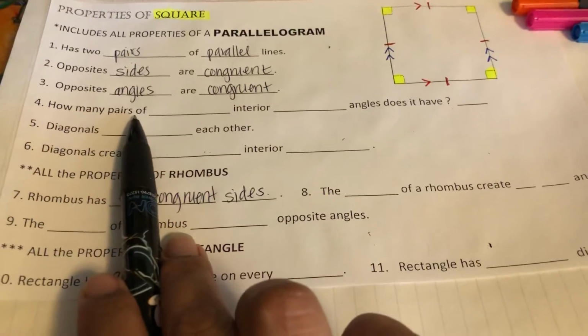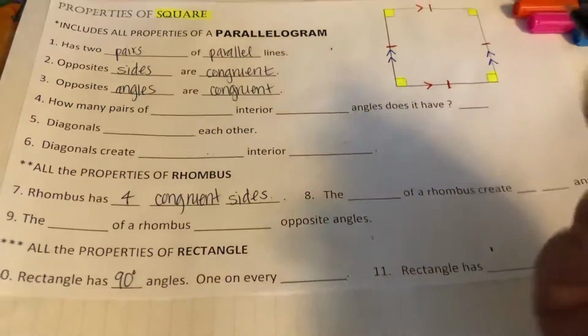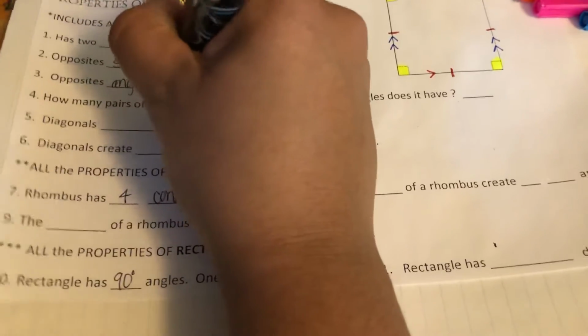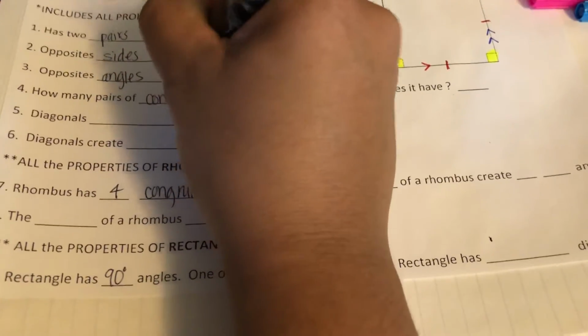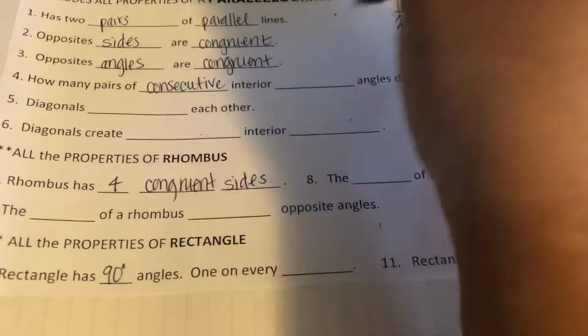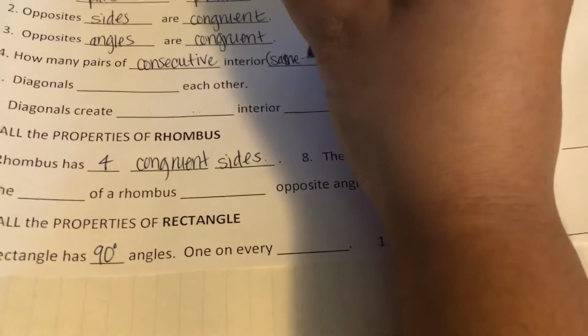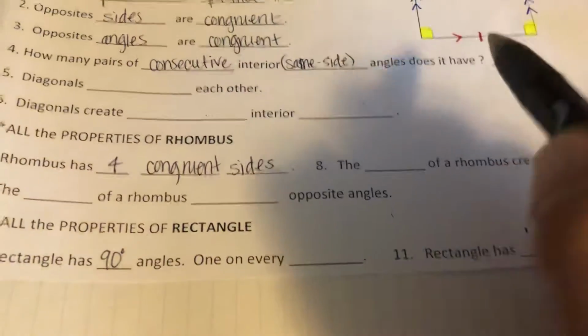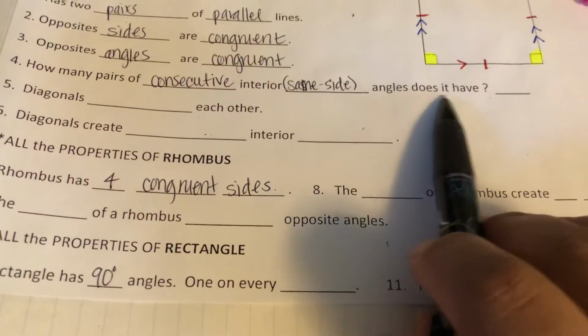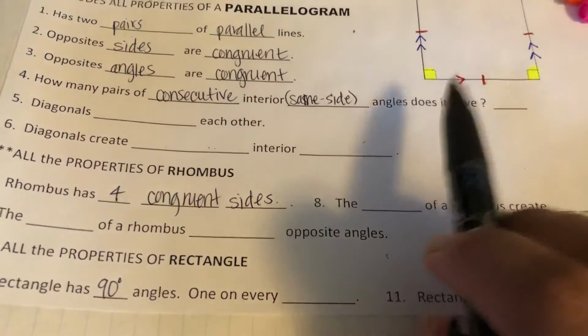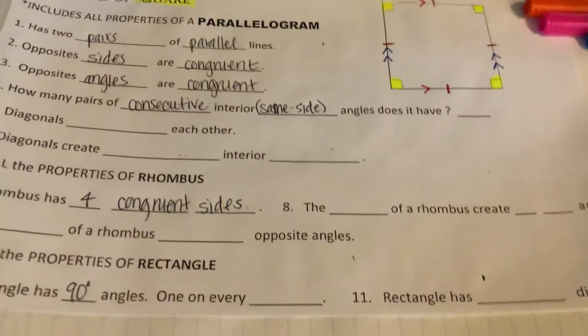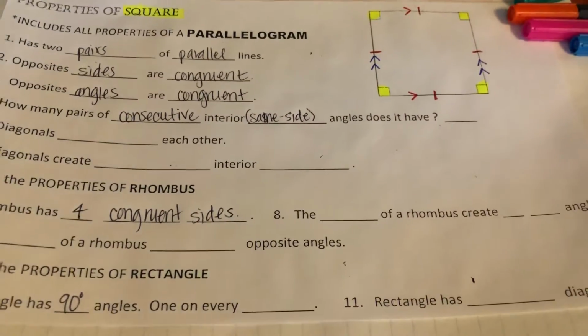So how many pairs of consecutive interior angles, or what we call same side interior angles, does it have? Oh, I made a mistake right there. It is same side interior.